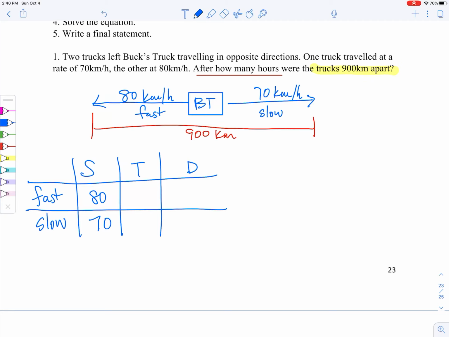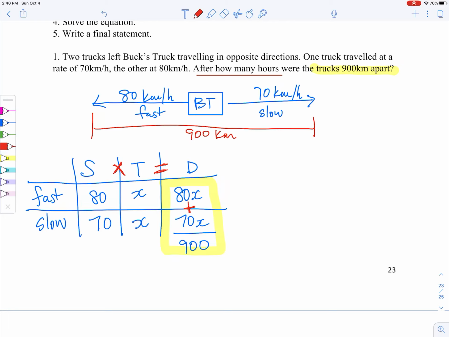That's what we're solving for. So we're going to let x be time, and they're both x because they both traveled the same amount of time. They left at the same time, and then they get measured when they're 900 kilometers apart, so they've been driving the same time. Speed times time equals distance means that I would get 80x and 70x, and overall I know my total distance is 900 kilometers.